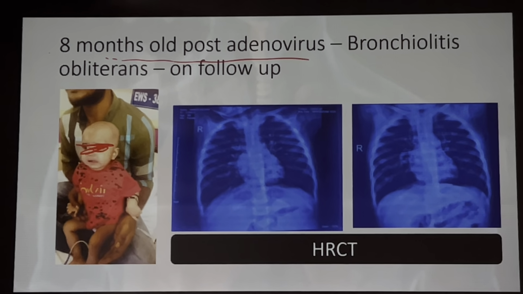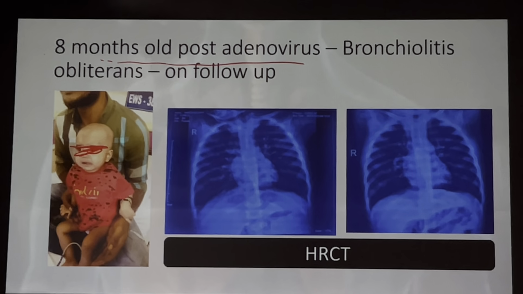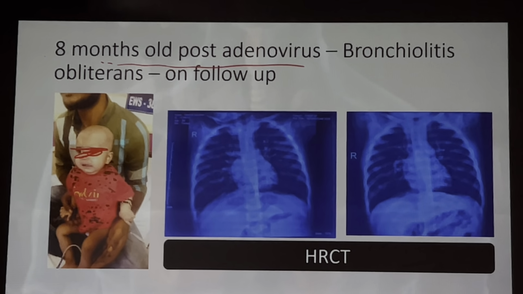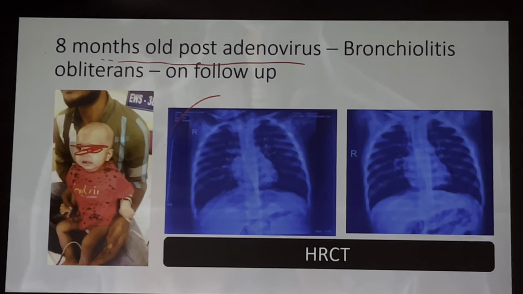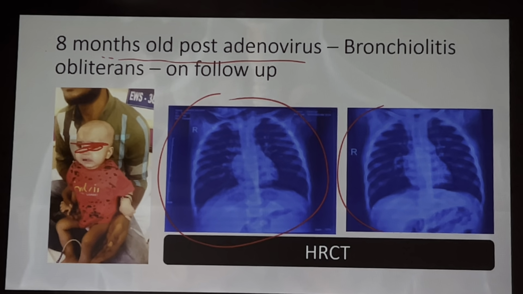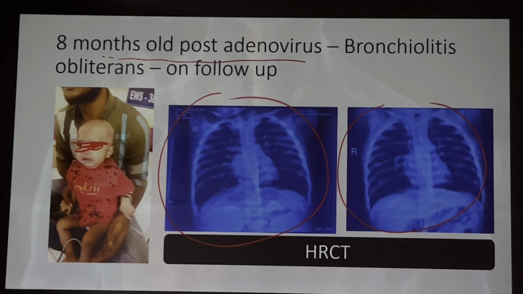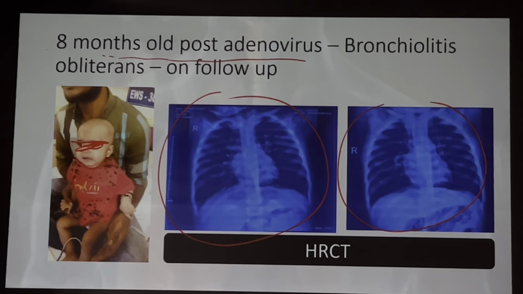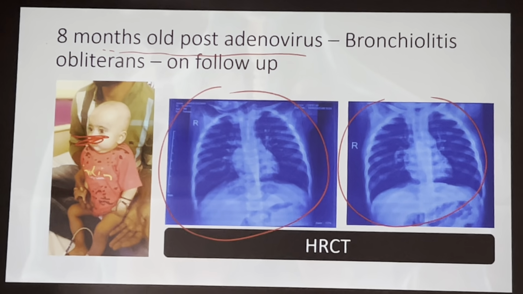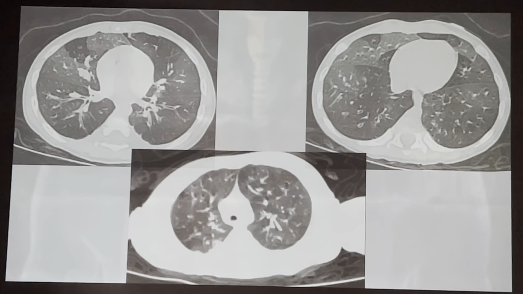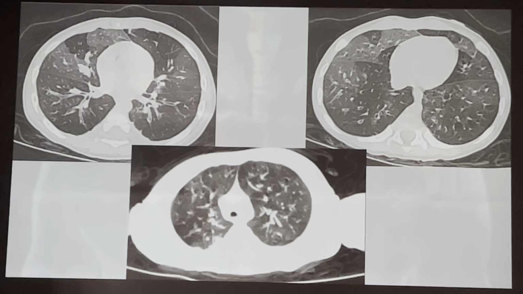On follow-up, every 3 or 4 months the patient has significant respiratory distress. In this type of patient, chest X-ray does not give you much information. You may go for just a simple HRCT or some cuts. That is also required. So you don't need to give contrast in these patients.